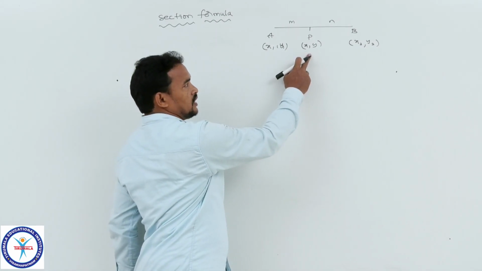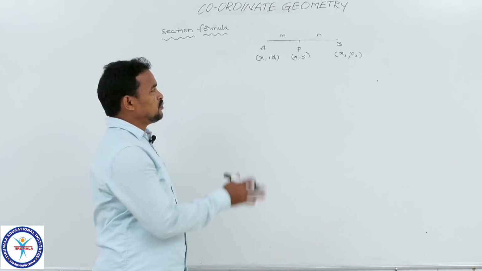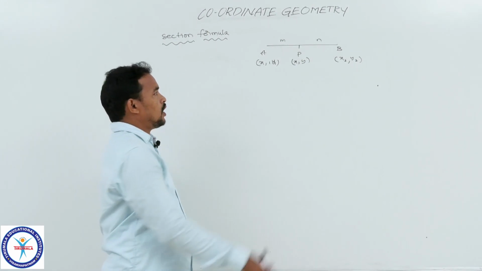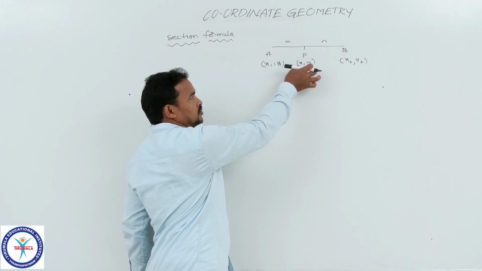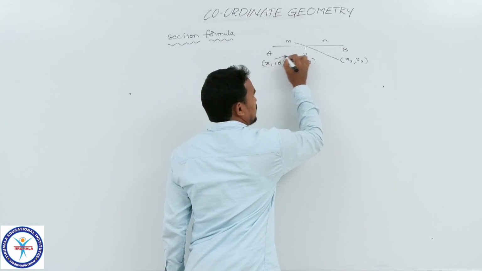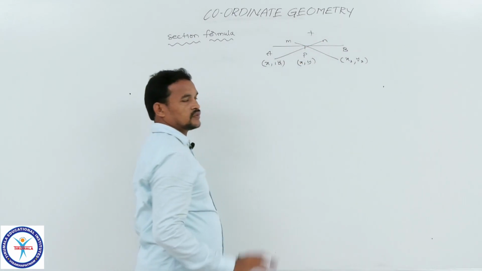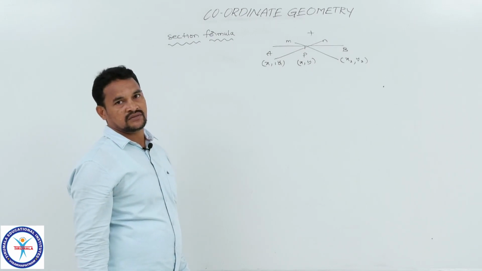Here P is lying inside between A and B. Simply, how to remember: if it is inside, take the plus symbol. If it is outside, take the minus symbol.